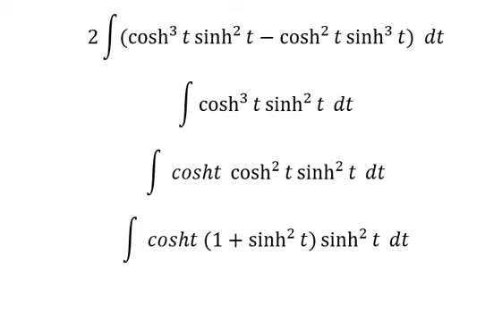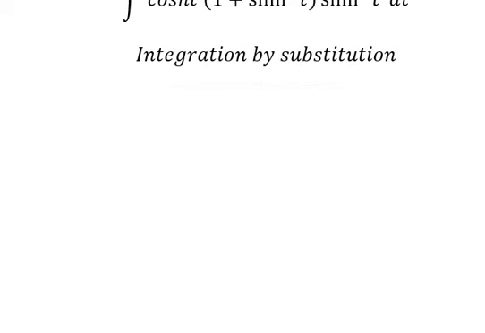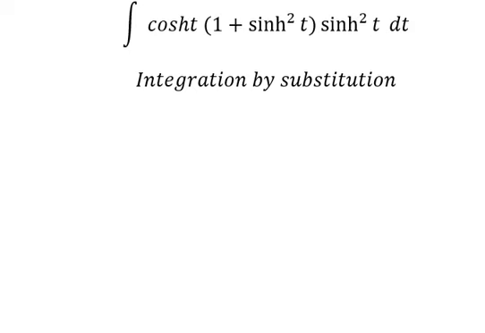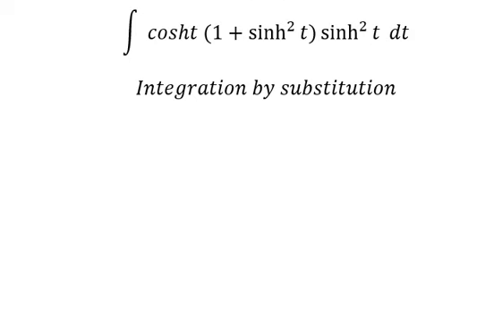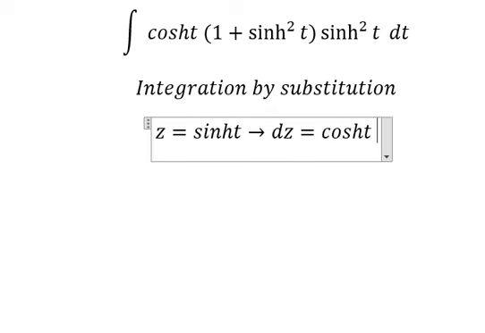So we can use integration by substitution. I will put z equals sin t. So we need to first do the derivative for both sides, and we have like this.